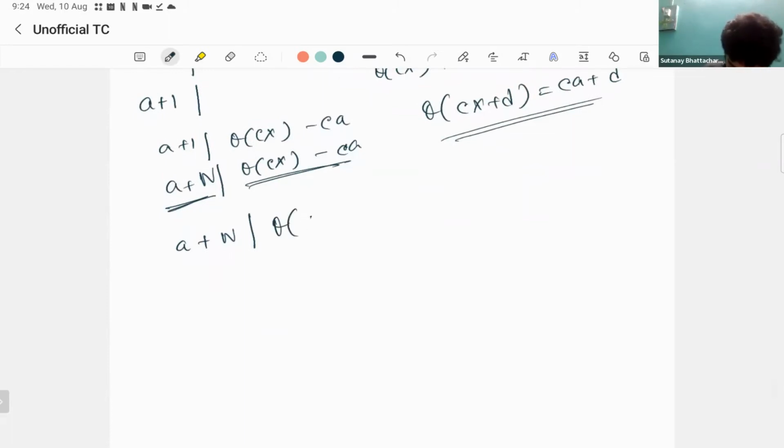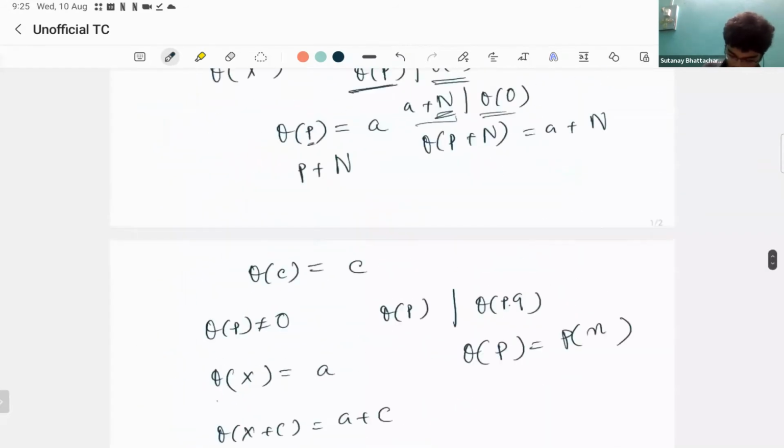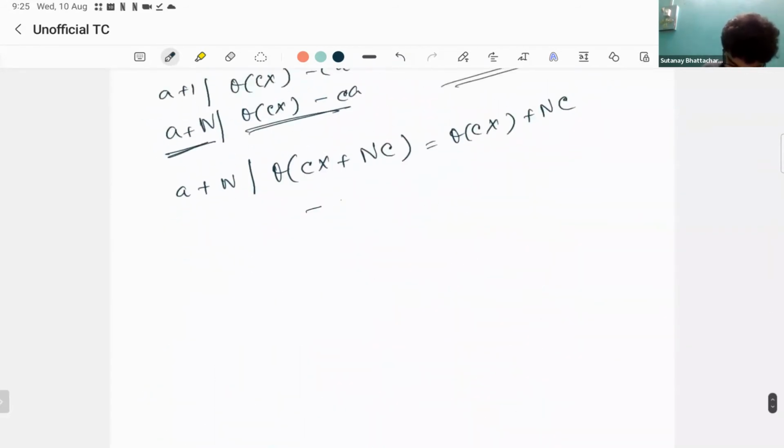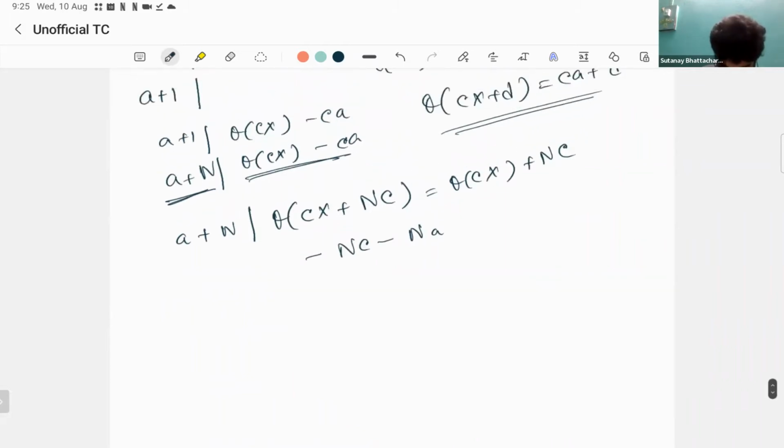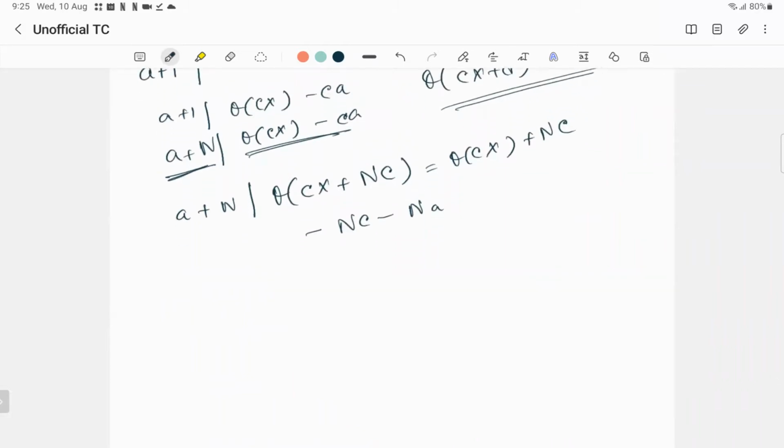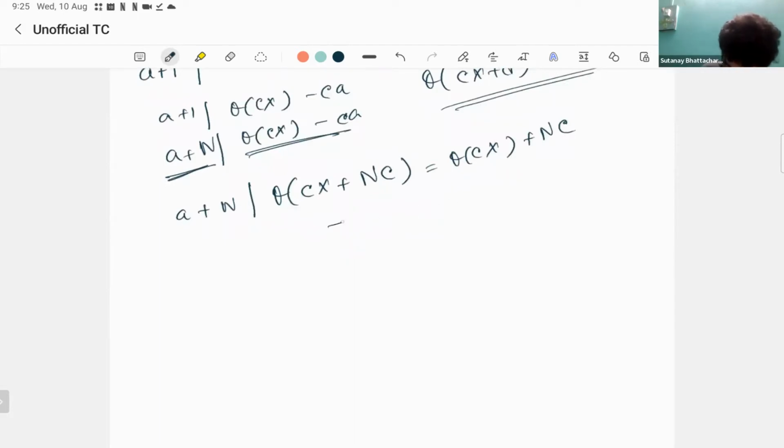So this divides cx plus nc, which is theta of cx plus nc. We subtract c times that, not n times c. Yes, thank you. So a plus n divides theta of cx minus c. This works out fine.